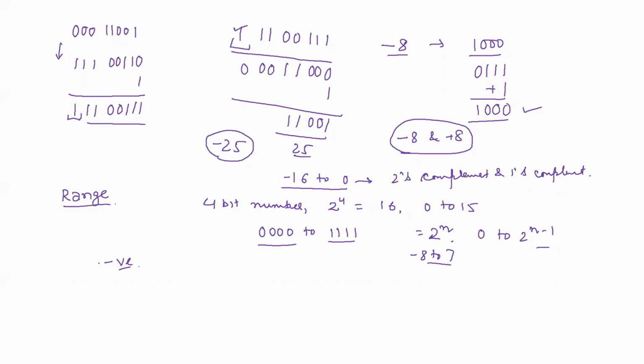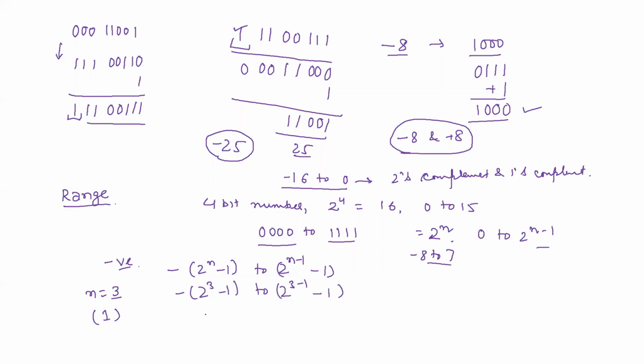The formula for that is minus 2 raised to power n minus 1 to 2 raised to power n minus 1, minus 1. Suppose n is 3, because 1 bit is reserved. If a 4-bit number is there, 1 bit is reserved for your sign. So this becomes minus 2 raised to power 3 to 2 raised to power 3 minus 1.